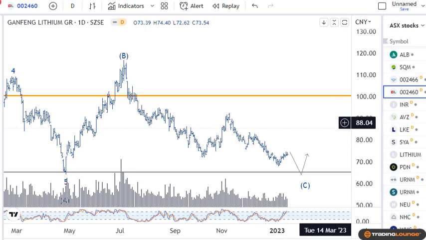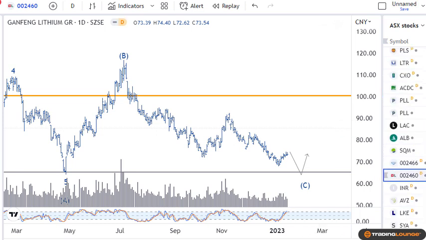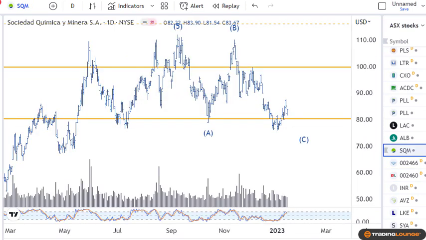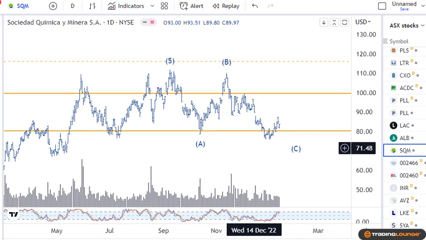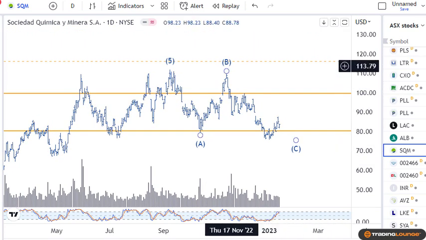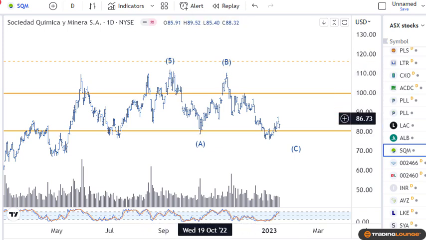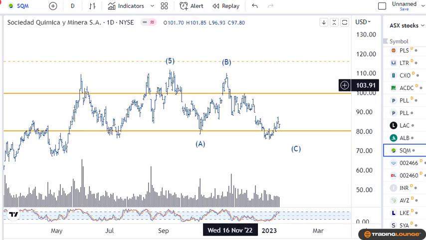But what I wanted to have a look at was some of the US and some of the Australian. So this SQM here, this is another situation where sure, we could push up here, but as a C wave, this makes a nice B wave here. This makes a nice A wave and a B wave. And for a C wave here, we could look at this.